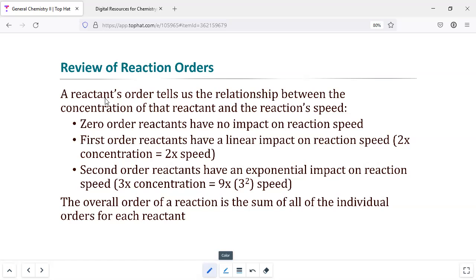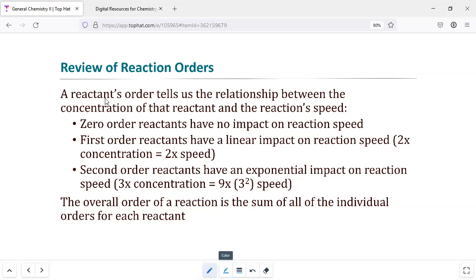But what this is telling me is it's actually possible that I can raise the concentration all I want for one of those reactants, and it won't do a thing to the reaction. Or I can raise one and it has a super big impact, and raise another one and it doesn't have that much of an impact at all.